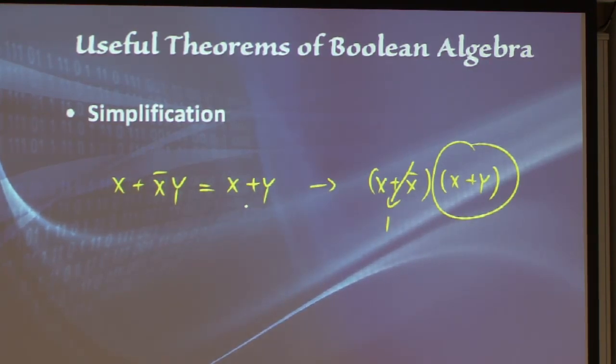I would actually prove it otherwise. This is truly correct. Another way to prove it is to actually add a term. I'm adding this one in, which is I'm not changing the expression because this is just a 1.